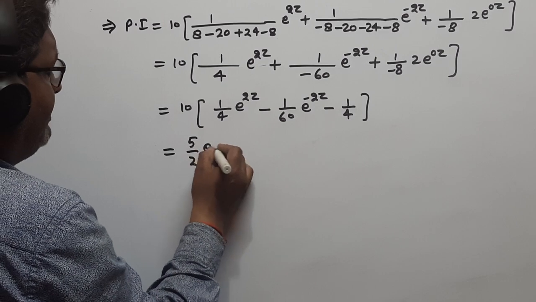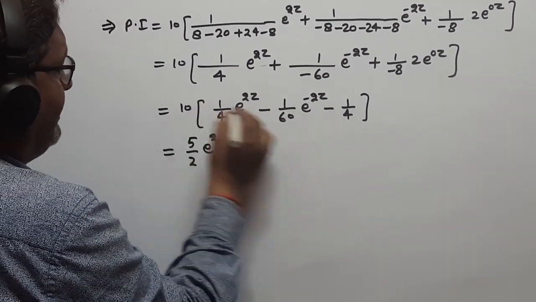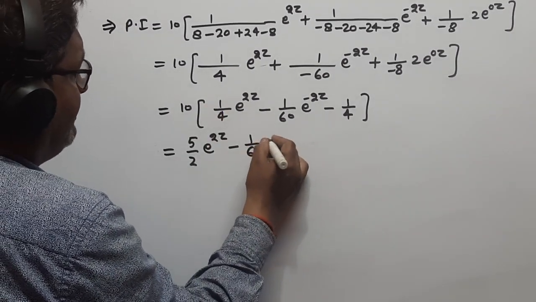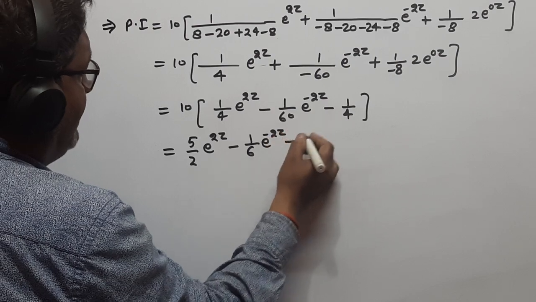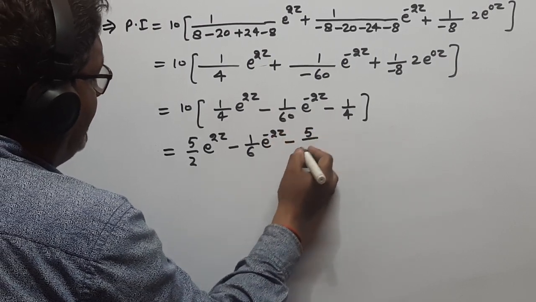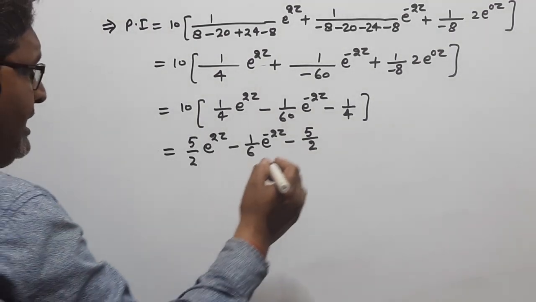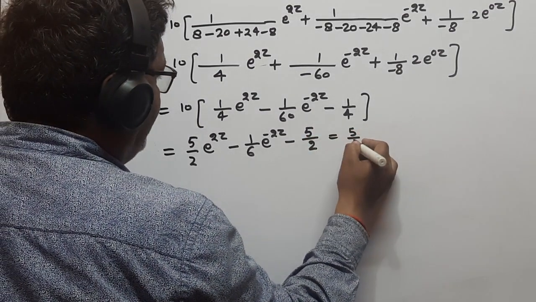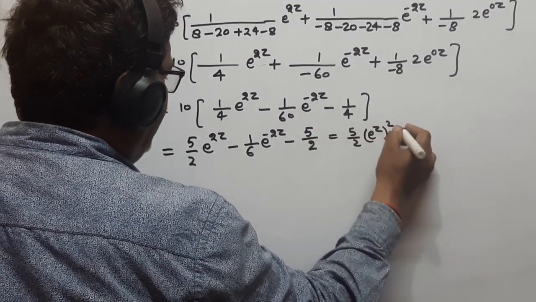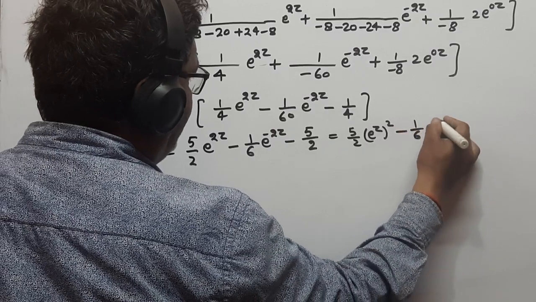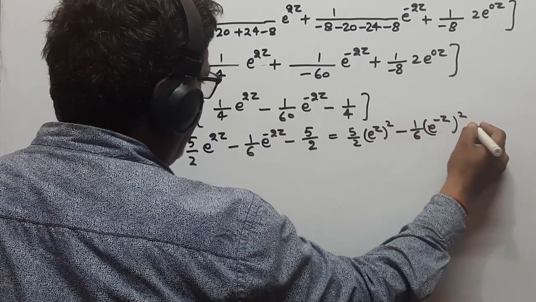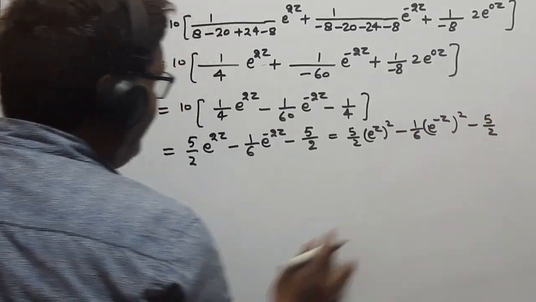Now we multiply this by 10, so we get 2 fours are 8, 2 fives are 10, so this is 5 by 2 e to the power 2z, 10 sixes are 60, so 1 upon 6 e to the power minus 2z, and here 5 by 2. Now this can also be written as 5 by 2 times e to the power z whole squared minus 1 by 6 e to the power minus z whole squared and minus 5 by 2.